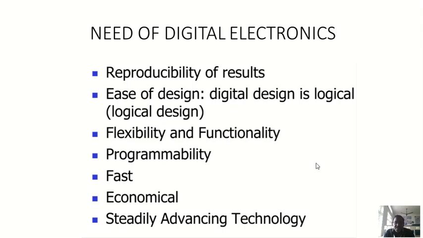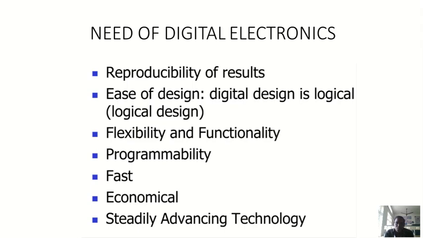Next, the need of digital electronics. Already we have seen analog electronics and digital electronics. What is the need of digital electronics? Comparatively, the reproducibility of results is good in digital electronics. Design is very easy, and digital design is logical.